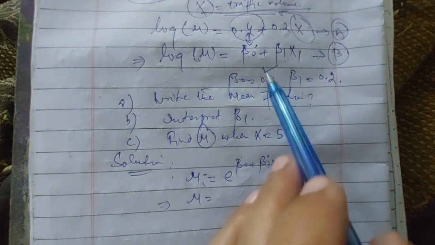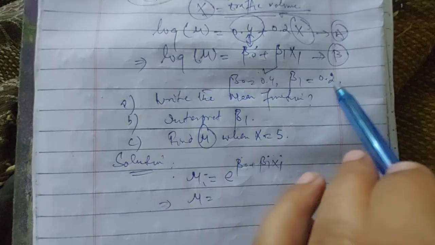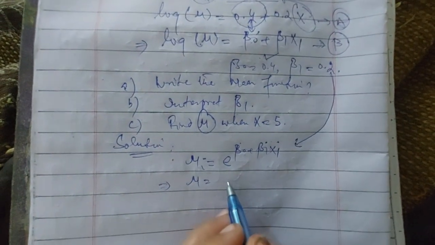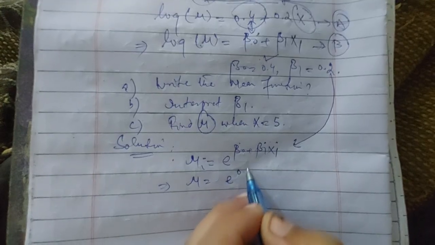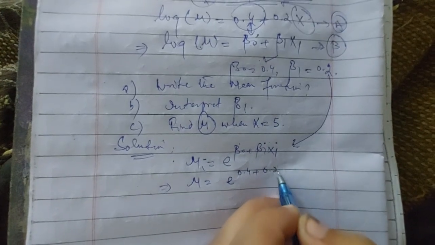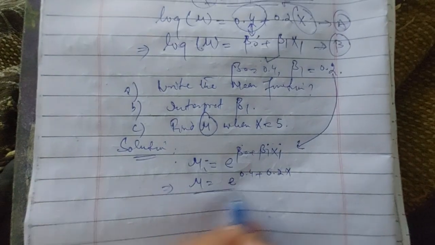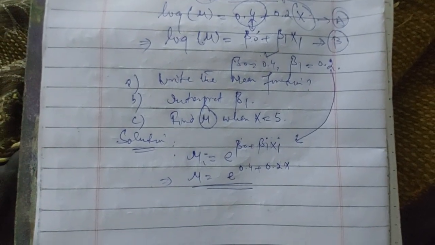So we find that beta naught is equal to 0.4 and beta 1 is equal to 0.2. So putting these two values over here, we get e raised to the power 0.4 plus 0.2 into x. Okay, so this is the mean equation, mean function.